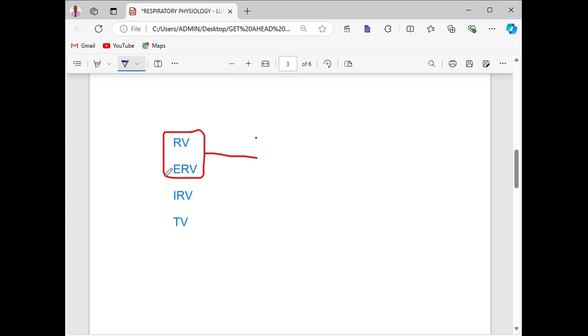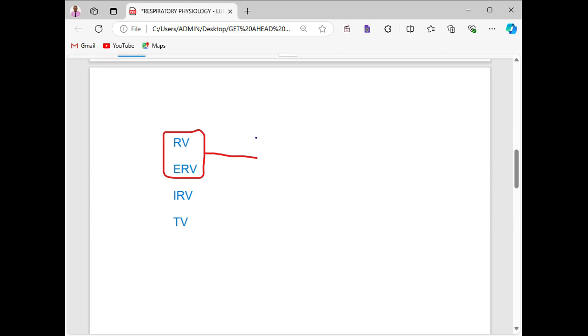Okay, so those two, RV, which is residual volume, and the expiratory reserve volume, they represent something. And also these two on the bottom, they are also representing something.